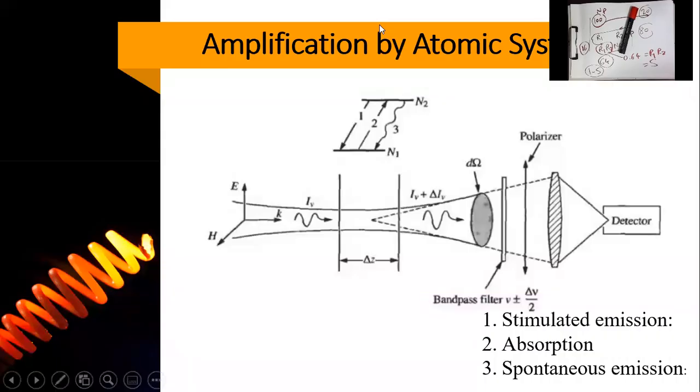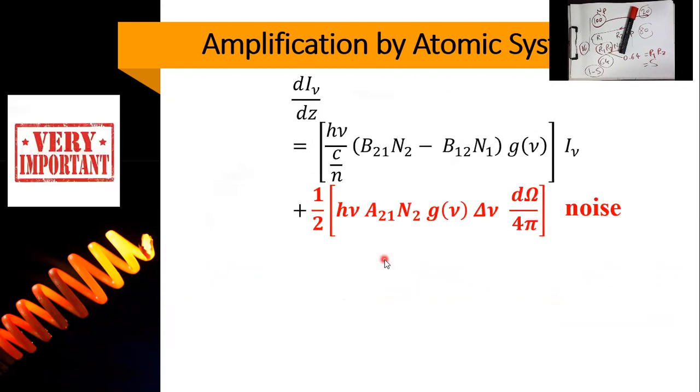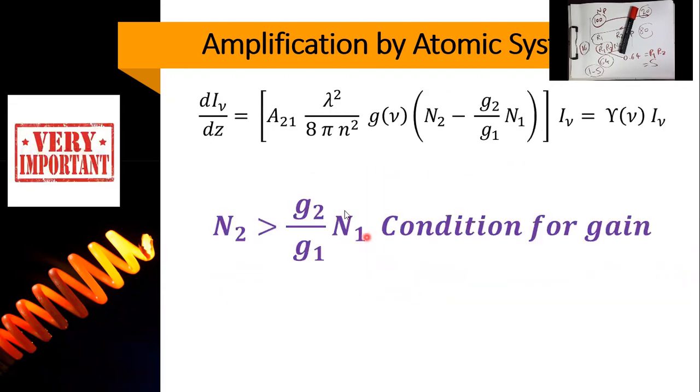Okay, perfect. So this is one slide from lecture number 3. When we did this experiment together in order to investigate the effect of what's called an optical amplification medium, if you remember, we proved that if you have an incident light on a material and a detector, so this is a laser, this is a material, this is a detector, and you satisfy the condition that N2 is greater than G2 over G1 times N1, you will have what's called a gain condition.